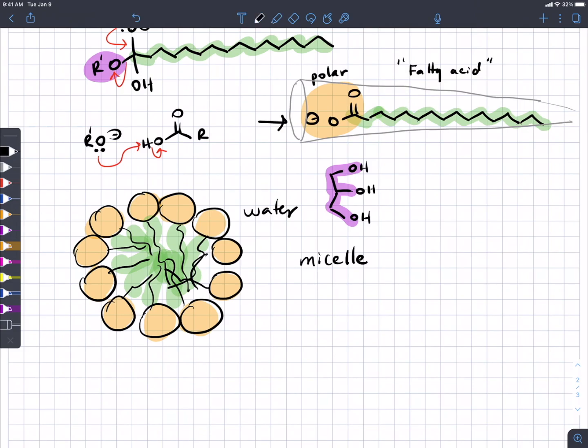And the reason this works as soap is because nonpolar molecules that you might have on your skin, oil, grease, other things, can be solubilized in water because they can fit inside these micelles and then be carried away with the water.